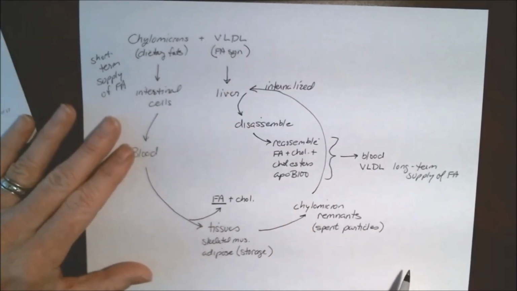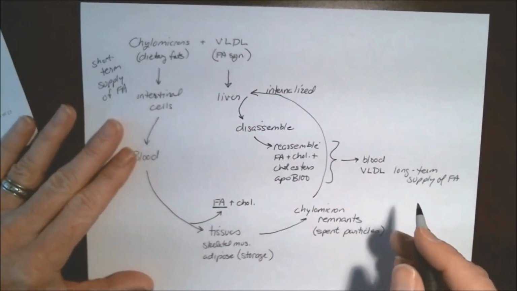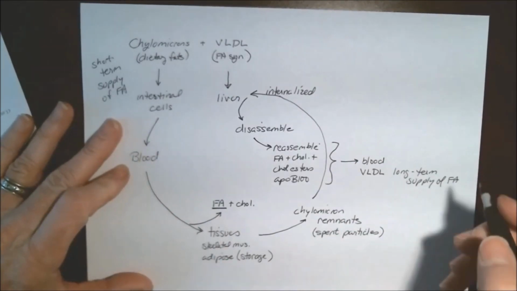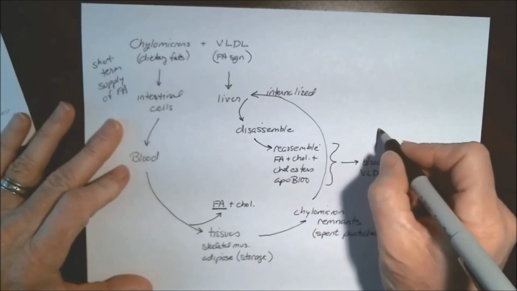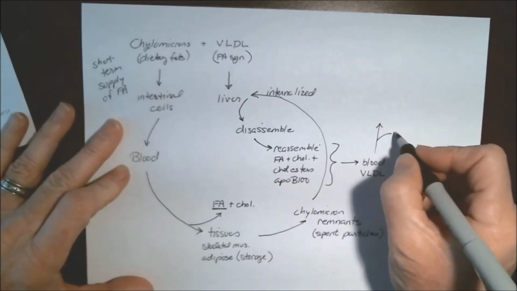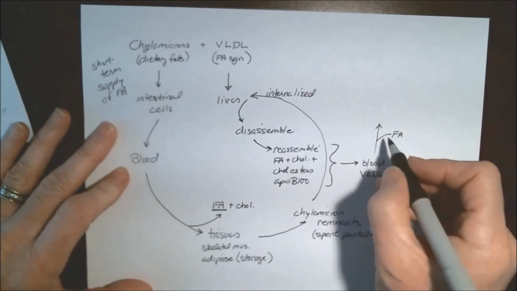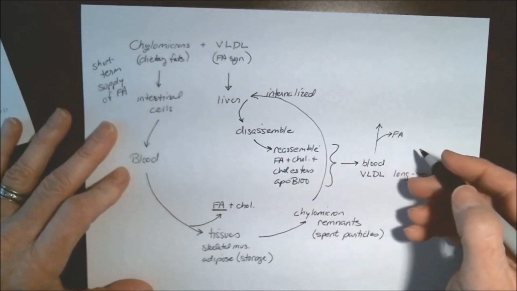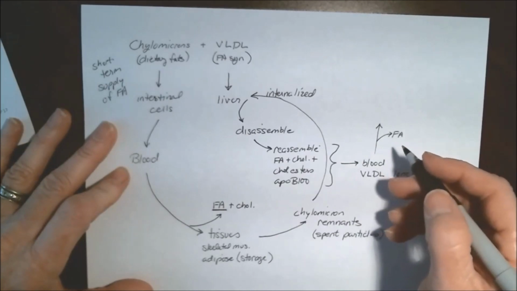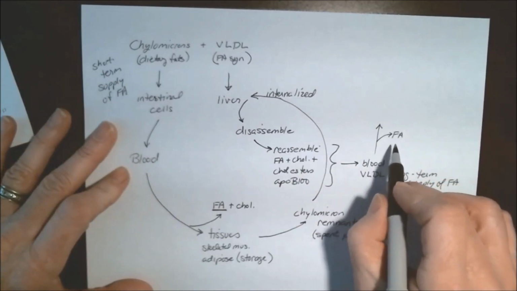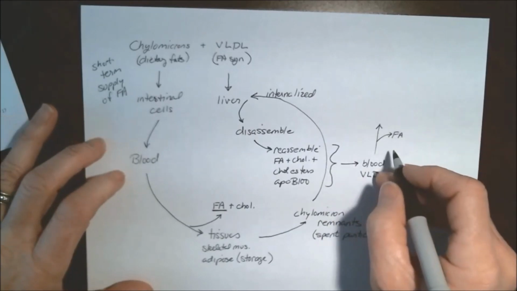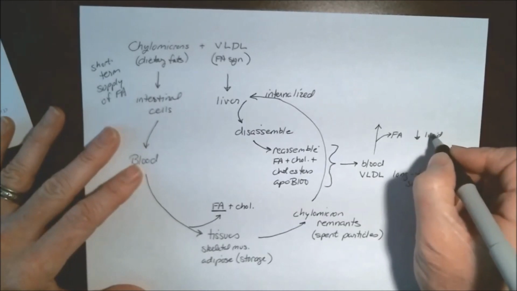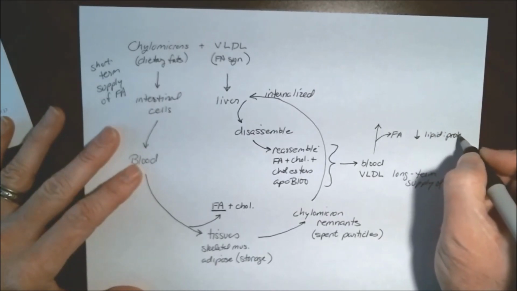Now, once the VLDL enters the blood system, it is going to be processed just like the chylomicrons were. We are going to be extracting fatty acids as it circulates in the blood. And then with the continued processing, which means the lipase activity we'll see in the next video, to release these fatty acids from VLDL, the particle size will decrease, as will its lipid to protein ratio.